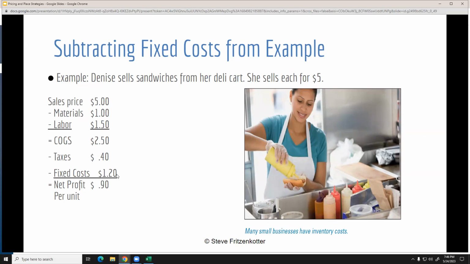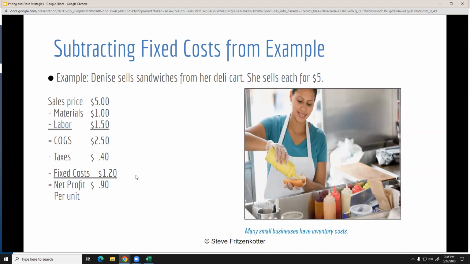That's going to be a fixed cost of $1.20. So the cost of goods sold, just materials and labor, taxes, fixed costs. Then you take all those costs out, and the net profit is 90 cents per sandwich.